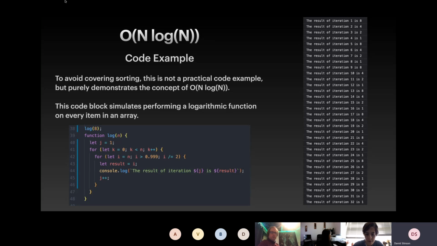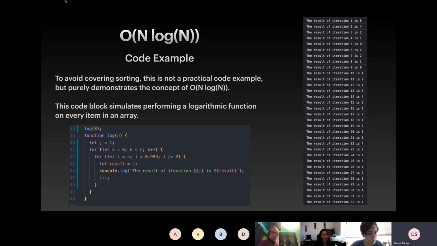I don't want to get into a bunch of sorting stuff today. I think Michael's covering merge sort next week, so let's make sure he's still doing that. You'll see a much better example of what this looks like when he goes over that. This is just an example to tide you over.